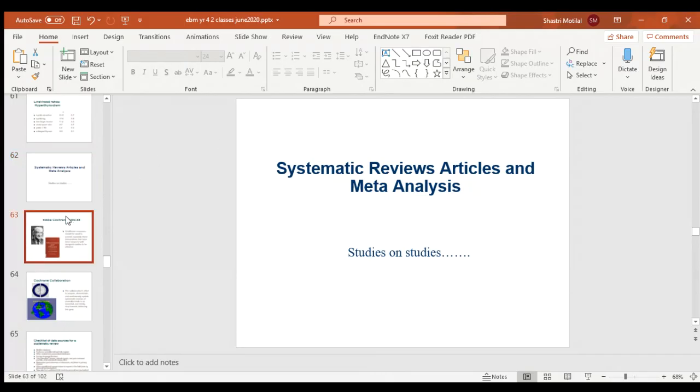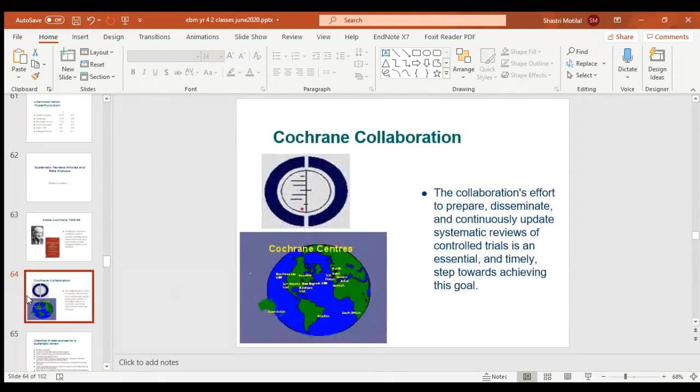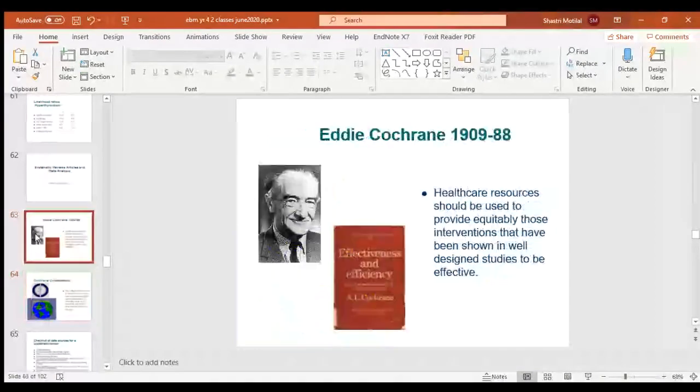And it was this guy's thinking, Archie Cochrane, who founded what we would know as the Cochrane Collaboration. It was this guy who thought, well, we cannot practice medicine based on one study. If someone did one RCT and they said the treatment works, it doesn't necessarily mean that the treatment really works.